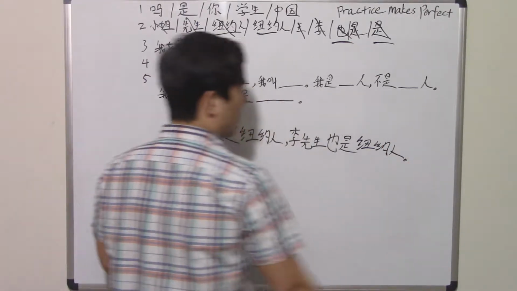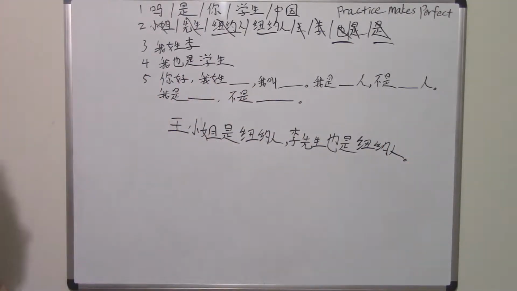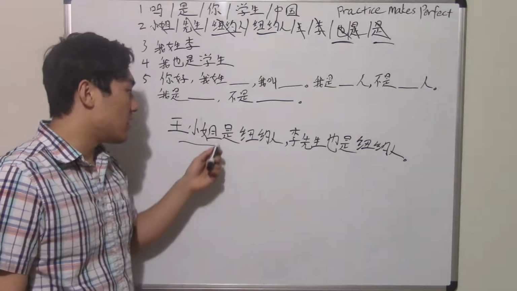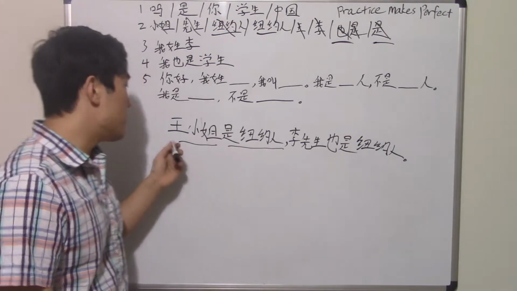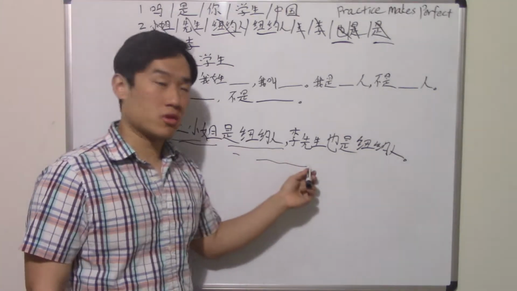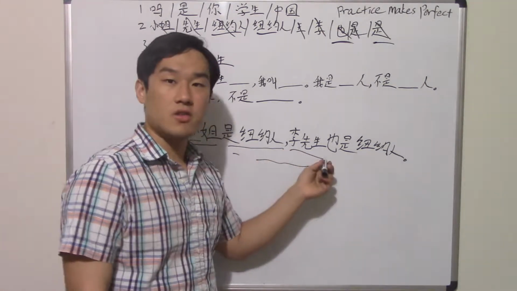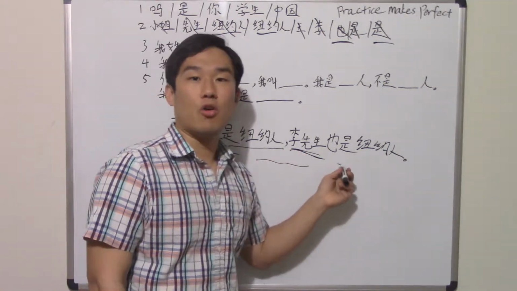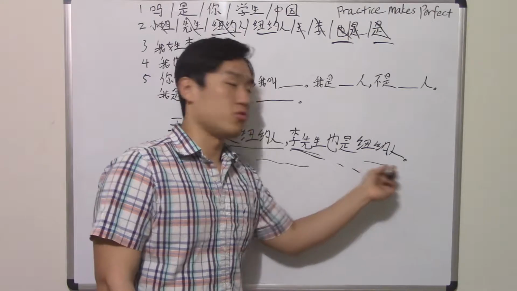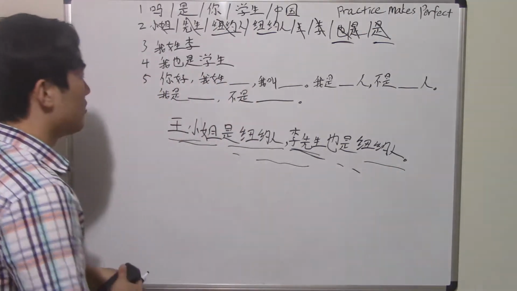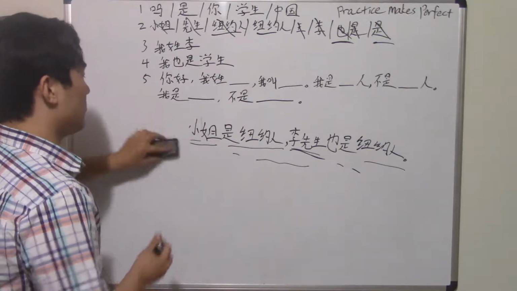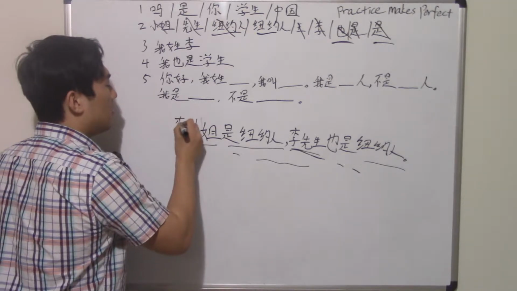All right, there we go. So here's the complete sentence: 王小姐是纽约人. So Miss Wang is a New Yorker. And then 李先生, Mr. Li, is also a New Yorker.